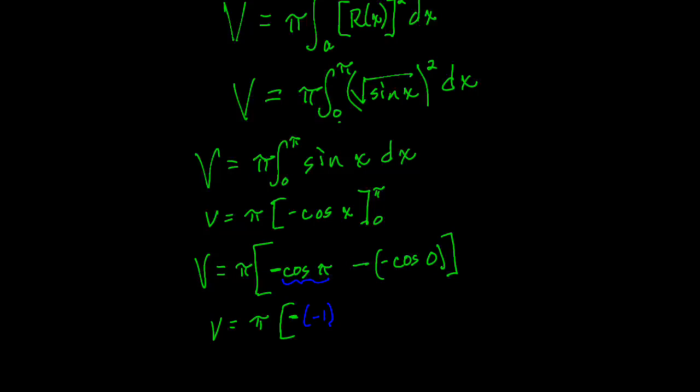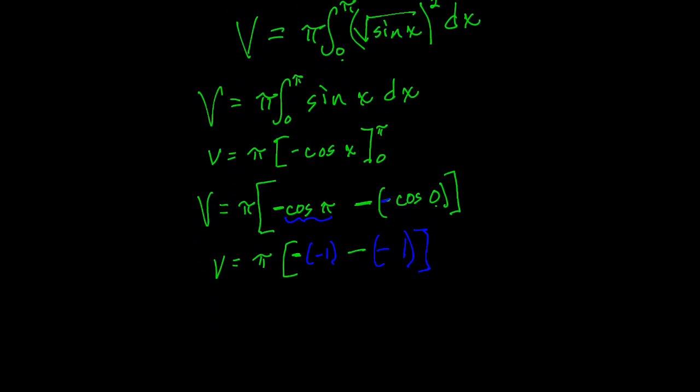I changed colors to show that was different. Minus the opposite of the cosine of 0. Well, the cosine of 0 is 1, so the opposite is -1, and this minus gets us a plus. Just trying to keep all of our signs straight here.